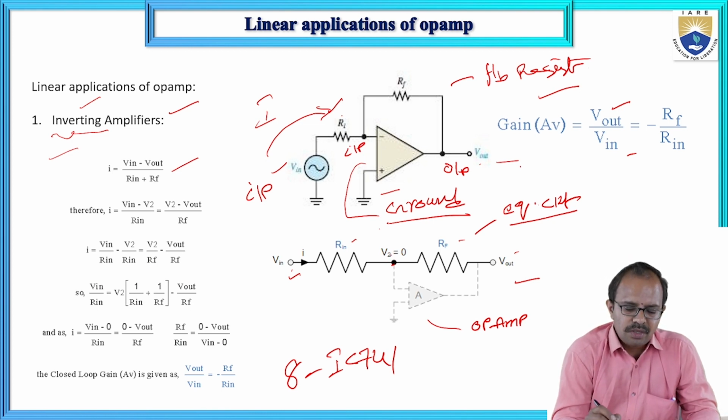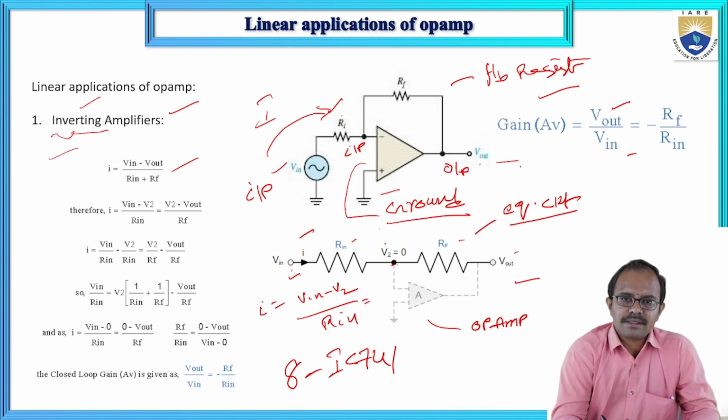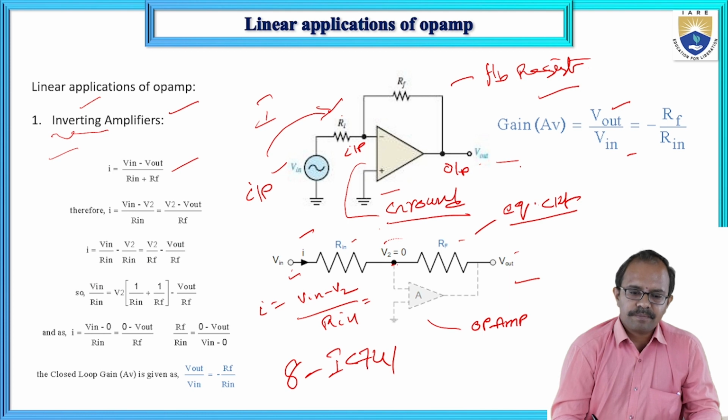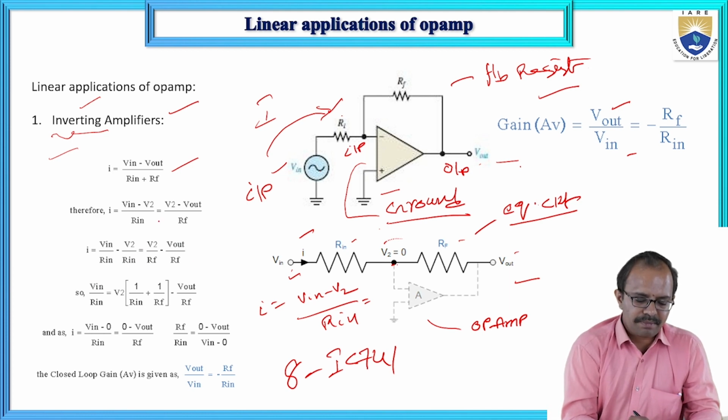From this circuit, I can write the current I is equal to V in minus V2 by R in, right? Also, this is equal to V2 minus V out. So this is what I equals V in minus V2 by R in, and this is also equal to V2 minus V out by RF.